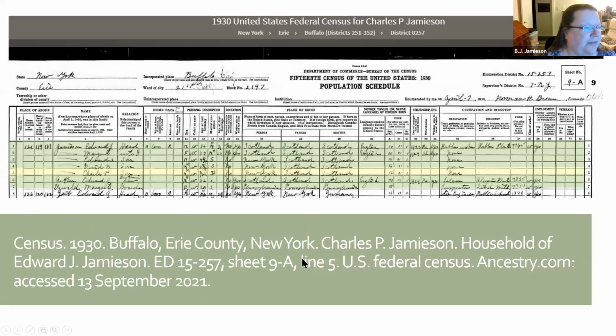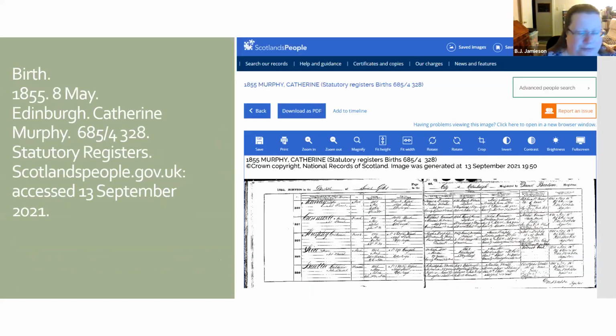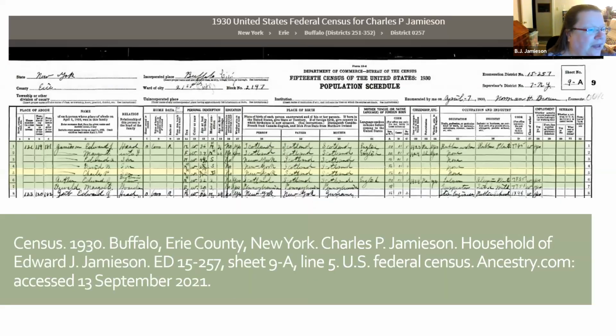So, one more example. This is actually my father, about 8 or 9 months old, in this 1930 census. Oops, sorry about that. As you can see, all of the information you need is right here.